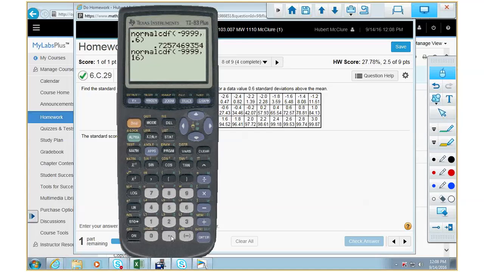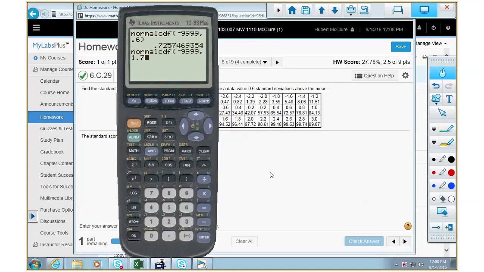1.7. Well, what's 1.7? Well, 0 is 50%, right? And 1 is 75%. 2 is pretty much 97%. So what do you think 1.7 is? Around 80%? Somewhere around there?